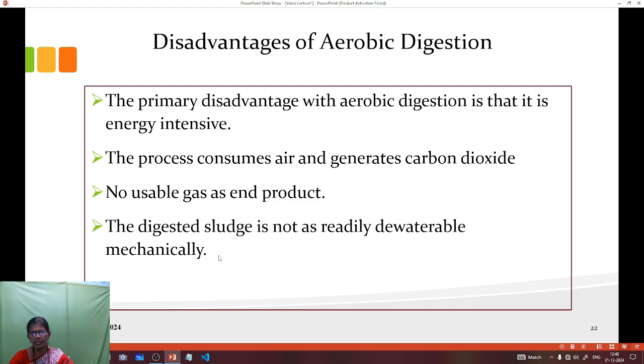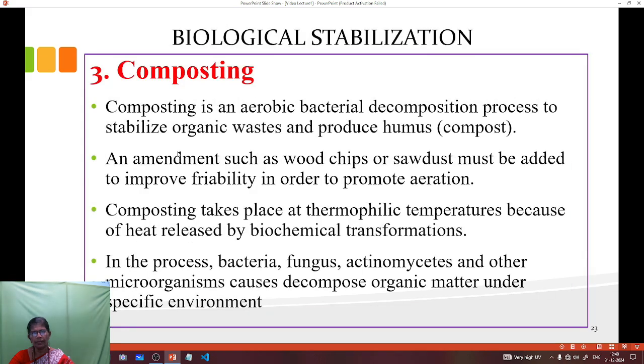And the digested sludge is also not readily dewaterable mechanically. So we have to use some costly methods for dewatering the sludge.